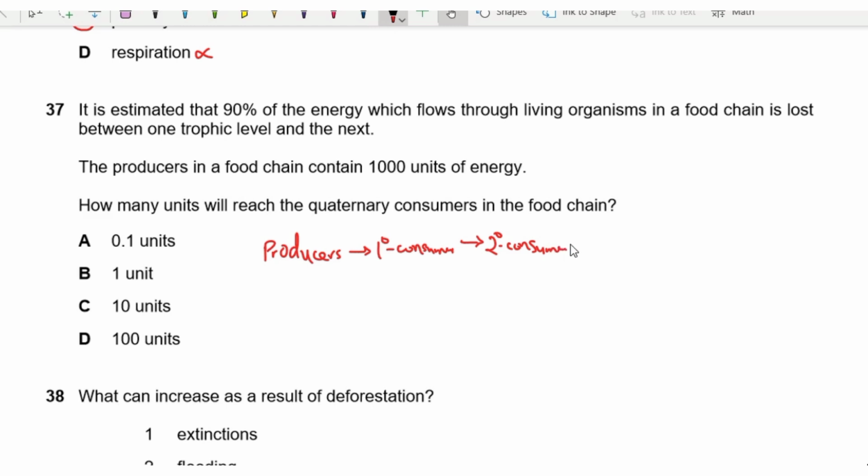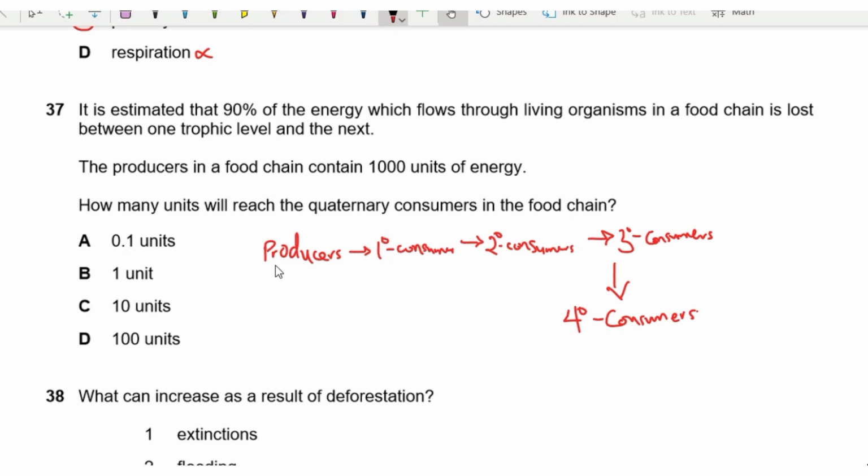Then we have the tertiary consumers, and finally we have the quaternary consumers.